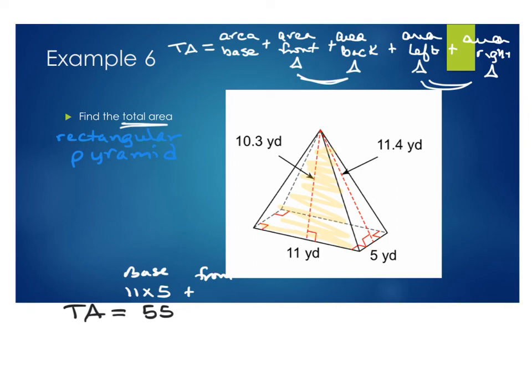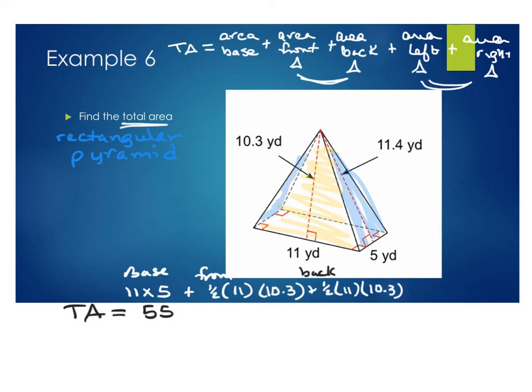So I'm going to do 1/2 base, which is 11, times the height, which is 10.3. This is also going to be the same formula for the back. So 1/2, 11 times 10.3.